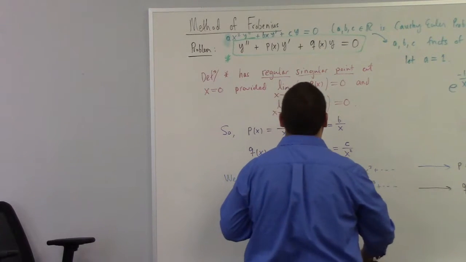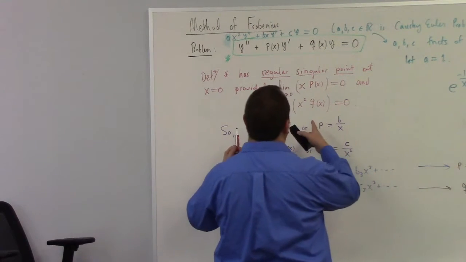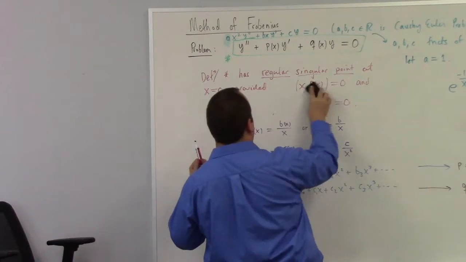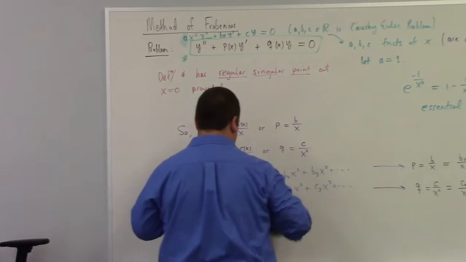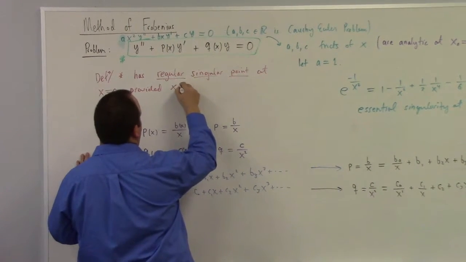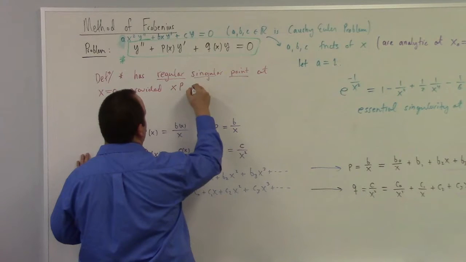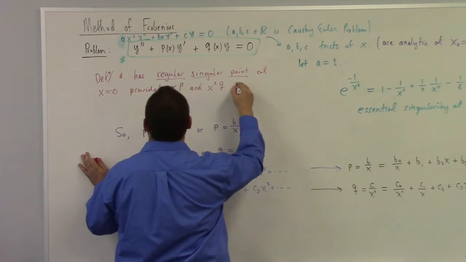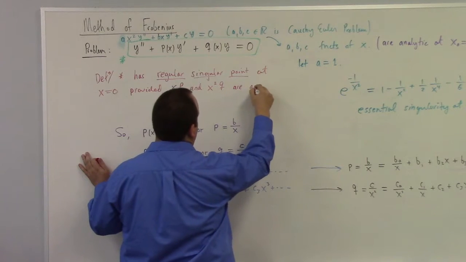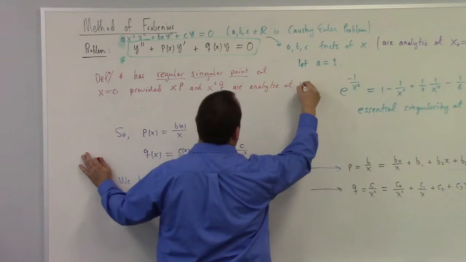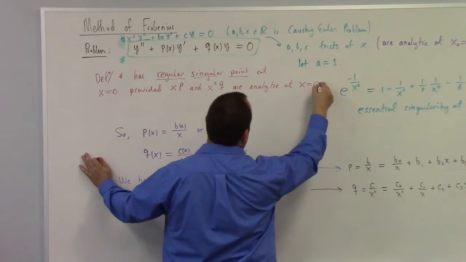I've made it too complicated. You do need these conditions, it's true, but a better way of saying it is that x times p and x squared times q are analytic at x equals 0.